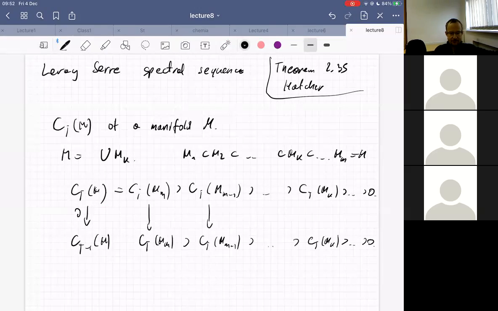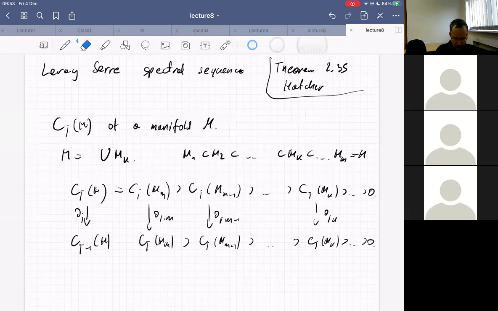All right. So what would you like to do? You would like to do the following operation. We have the derivative d_j, and I will write it d_j on M_{k-1}, d_j on M_k, and so on.